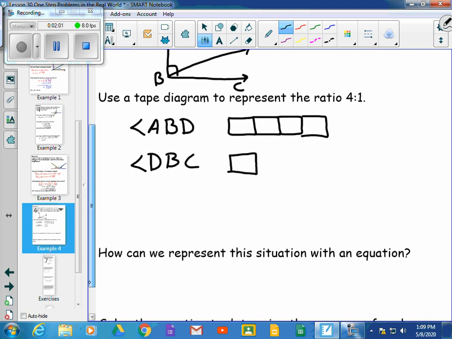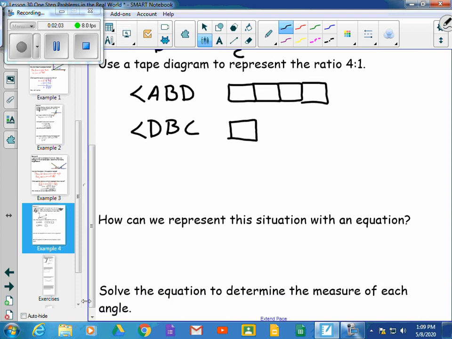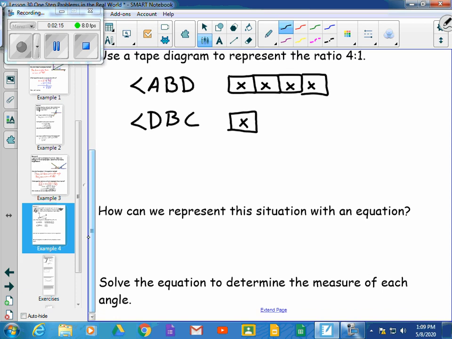Now we're going to take that tape diagram and we're going to create an equation from it. We don't know how big each of these parts are. I'm just going to call them X. Each of those parts represents an equal amount of degrees. We can say that you put those two angles together, angle ABD plus angle DBC equals a right angle.